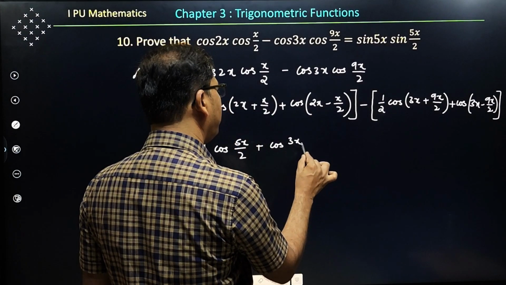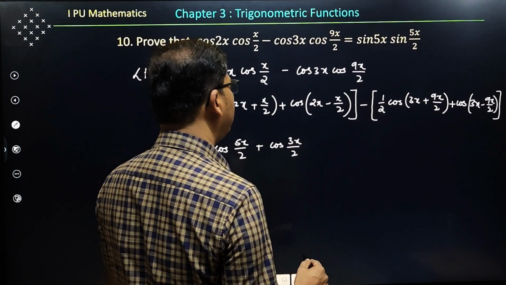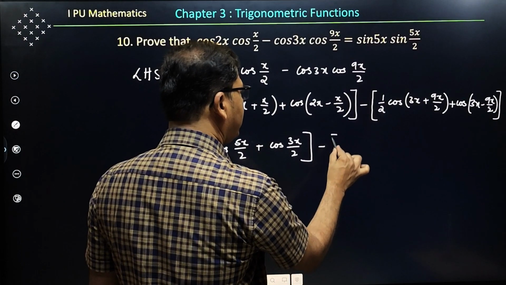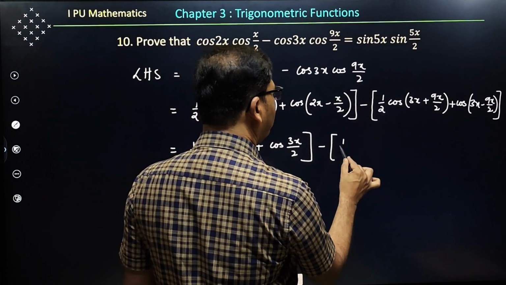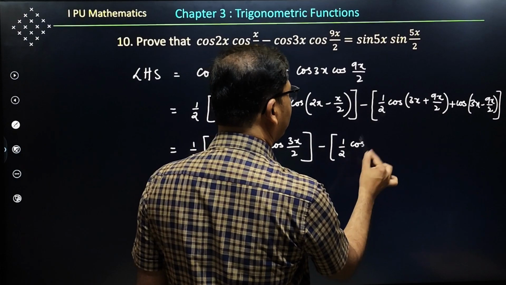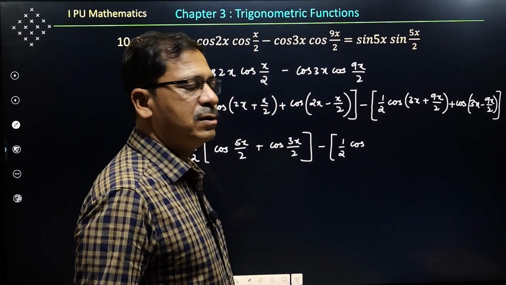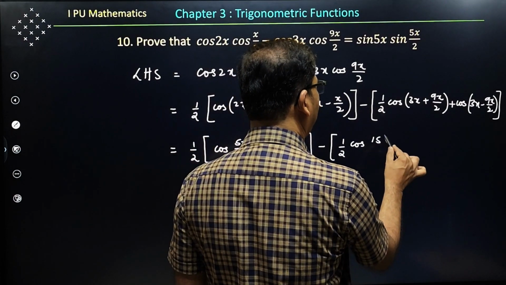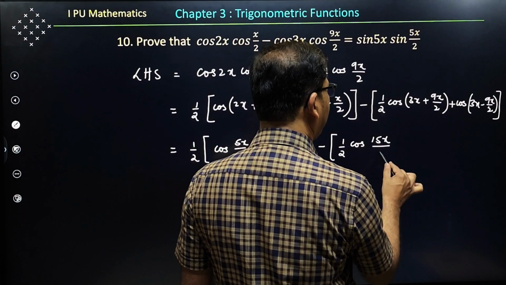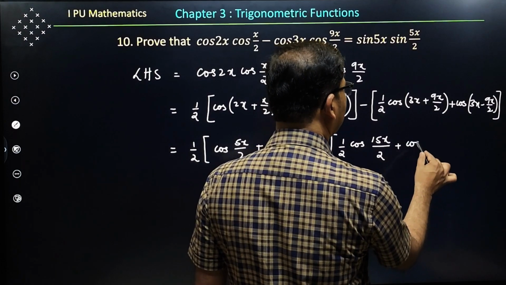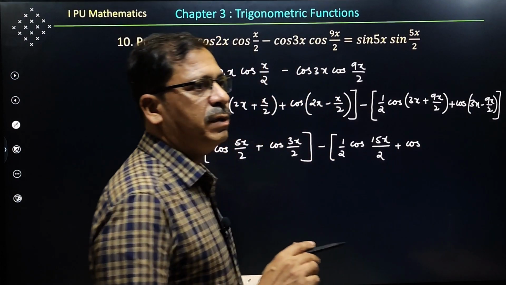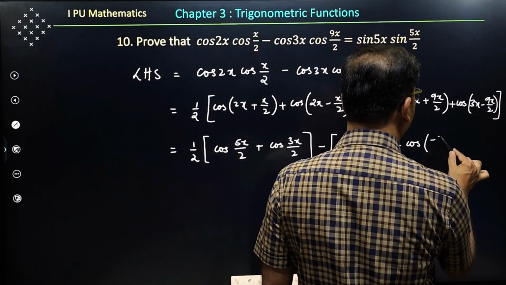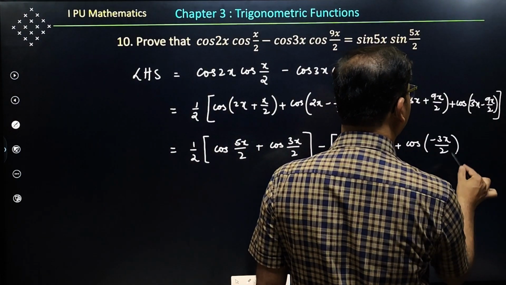And then this is equal to minus, within the bracket, 1 by 2 into cos of 3 into 2 is 6, 6x plus 9x, 15x by 2, plus cos of 3 into 2 is 6, 6 minus 9 is minus 3x by 2, this is minus 3x divided by 2.